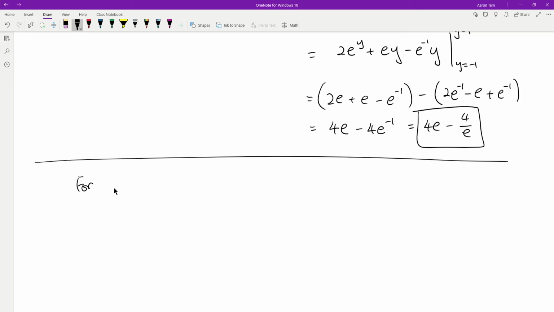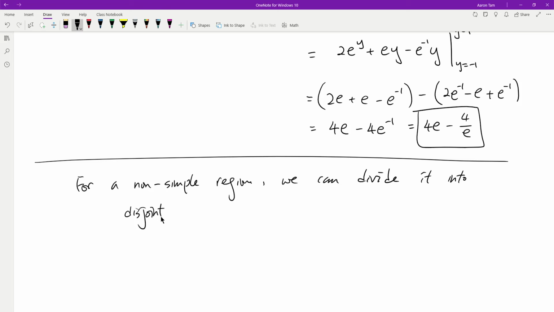For a non-simple region, we can divide it into disjoint, meaning non-overlapping, simple regions. Then apply Green's theorem to evaluate each of the simple regions.